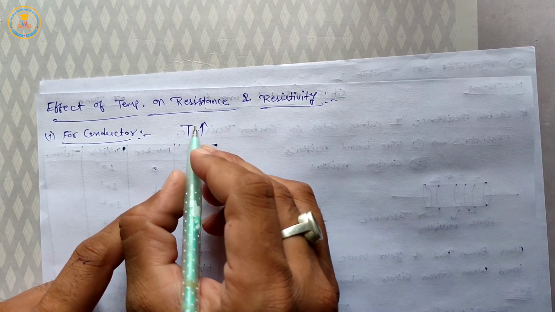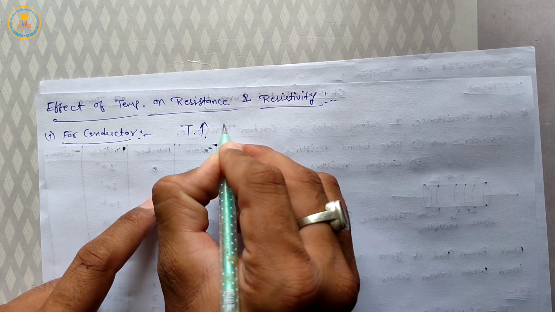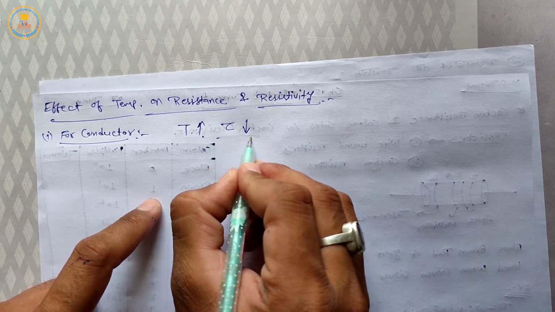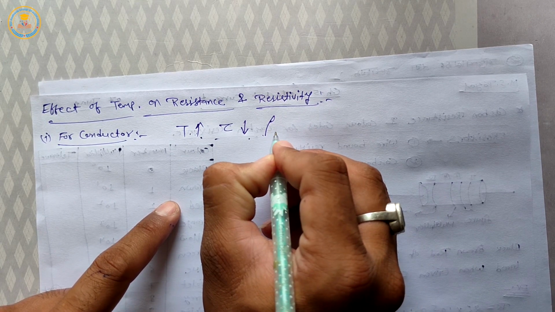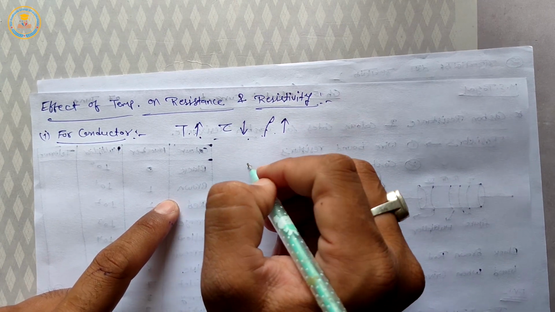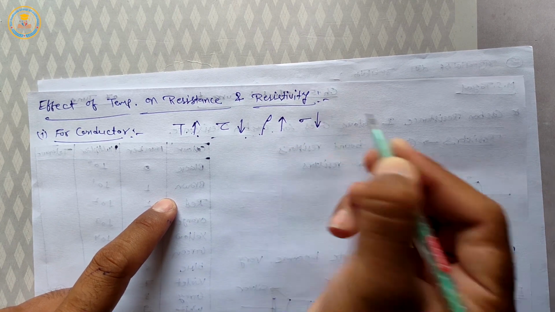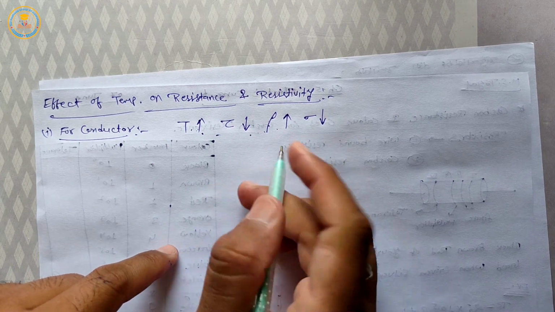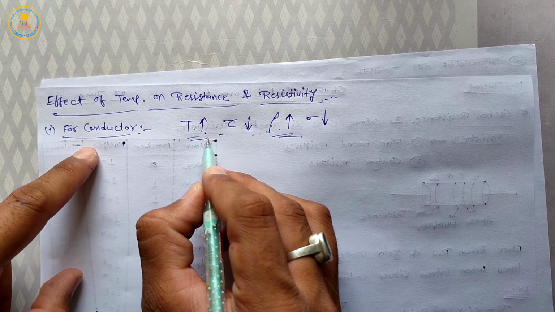So when we increase the temperature of a conductor, the relaxation time, denoted by tau, decreases. Due to this, the resistivity, denoted by rho, of the conductor increases, or we can say the conductivity of the conductor decreases.